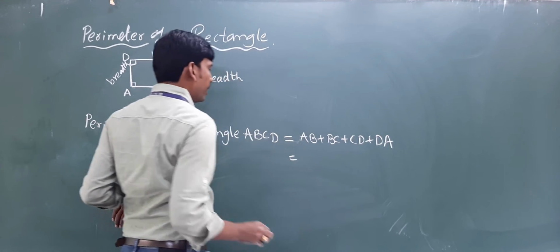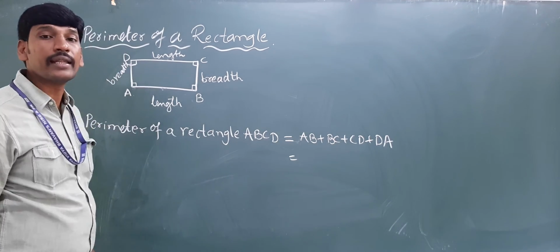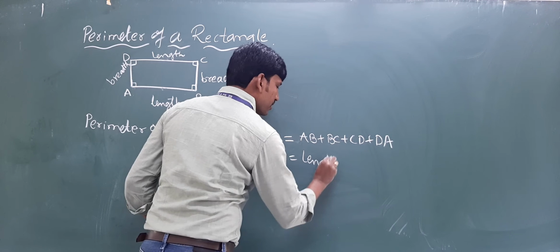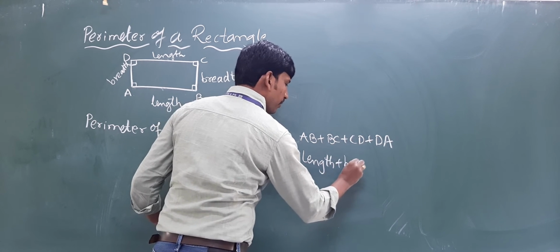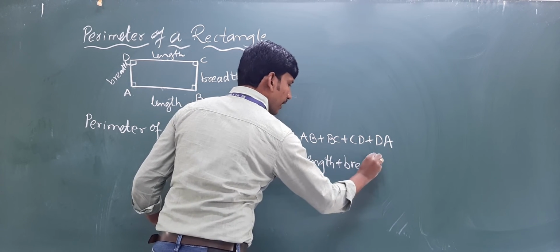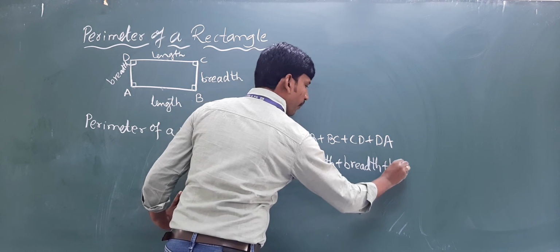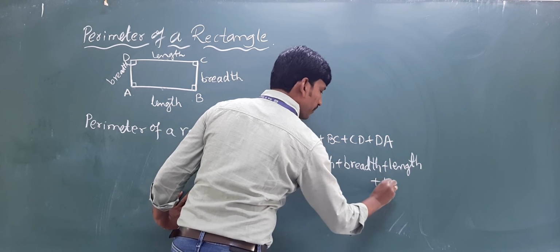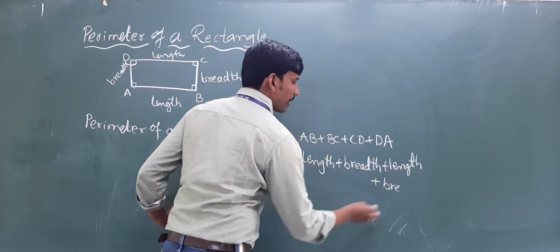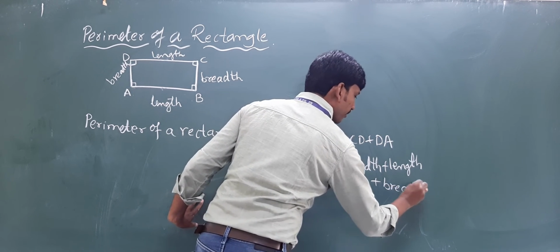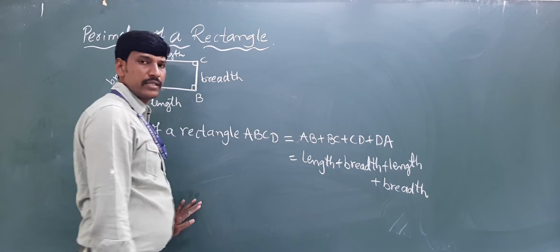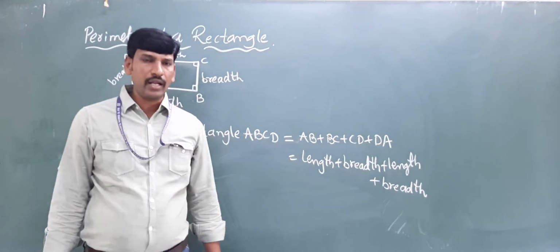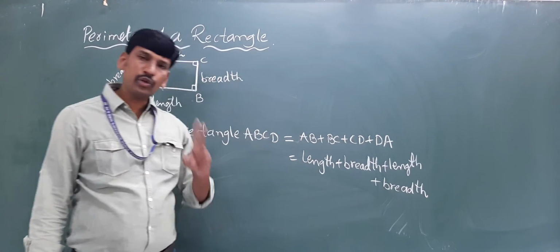Here, AB is called length. Length plus breadth plus length again plus breadth. See this here. How many lengths are there? 2 lengths are there. How many breadths are there? 2 breadths are there.